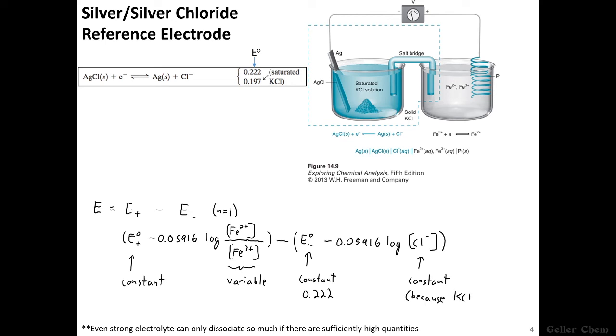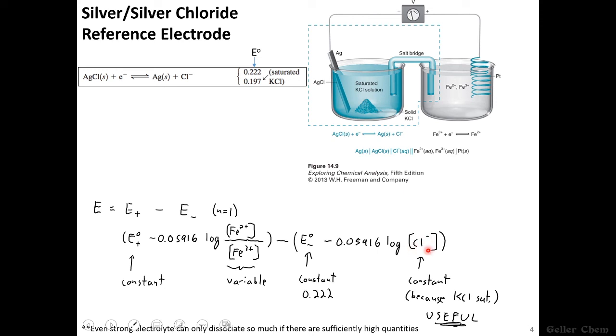This is useful because it means that the only unknown or variable is the ratio of concentrations on the side that we are interested in studying. Thus, the voltage that the voltmeter spits out can entirely be related to this value here because we know all of the other values and we know that they are constant and unchanging.